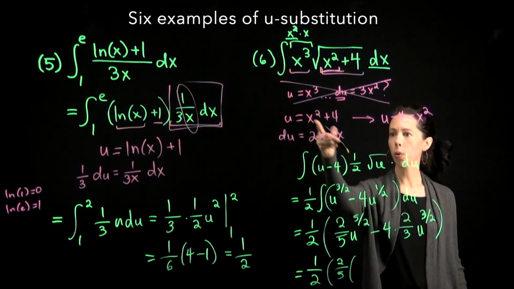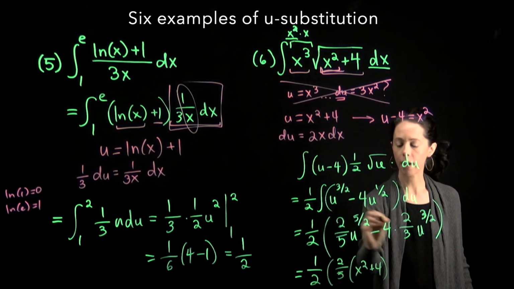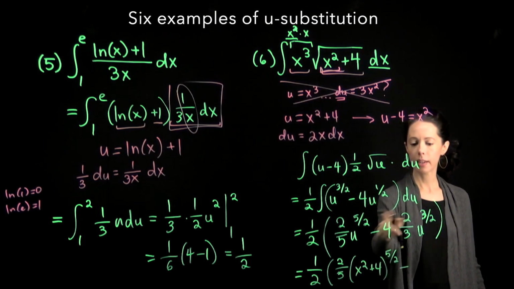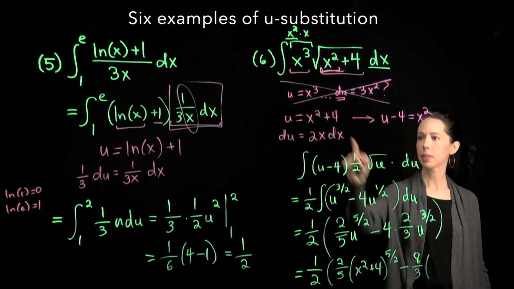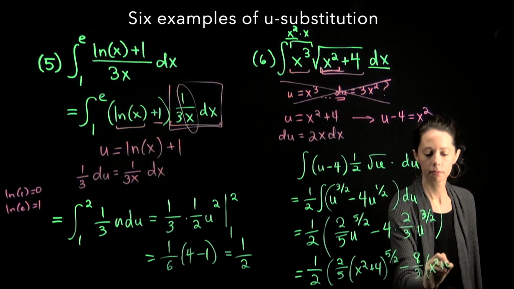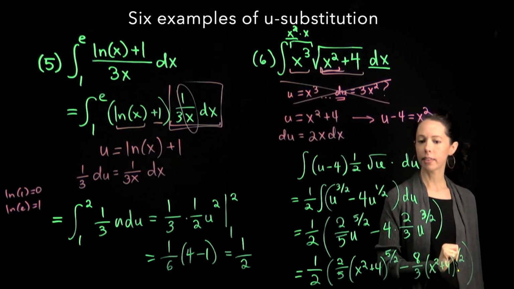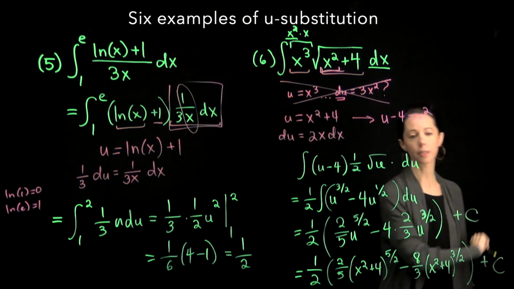Where I have u, I'm going to write x squared plus 4 to the 5/2 power minus 8/3 times x squared plus 4 to the 3/2. And then these were indefinite integrals, so let me go ahead and add my constant of integration.